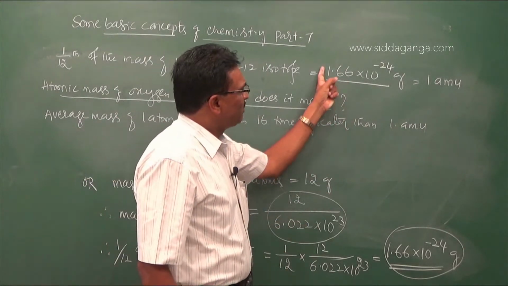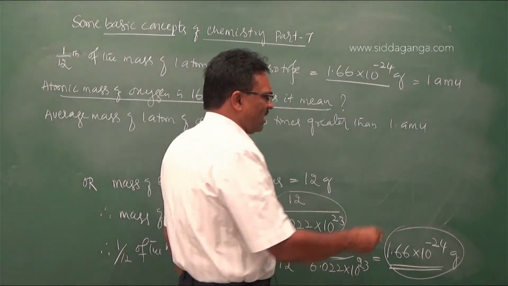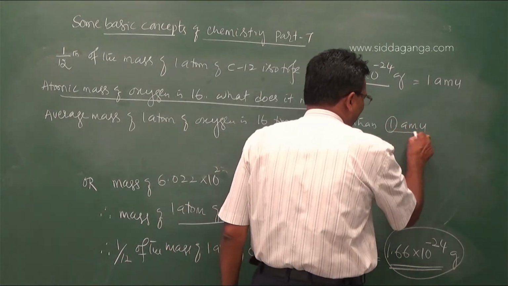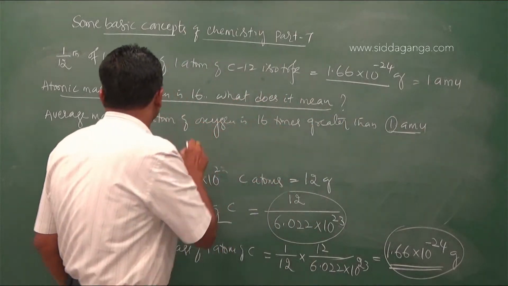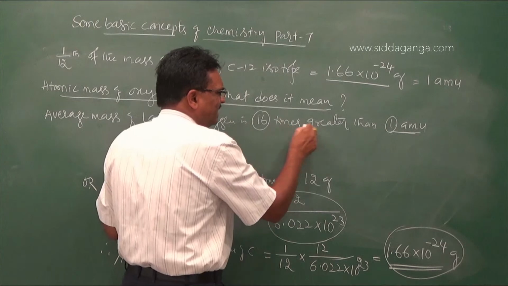Note, this value is called 1 atomic mass unit. So if you compare the average mass of one atom of oxygen to this 1 atomic mass unit, it is 16 times greater.